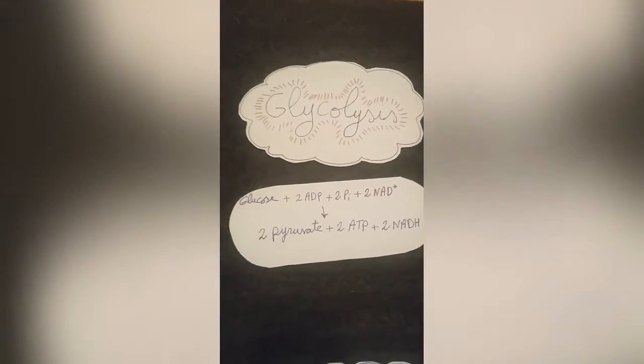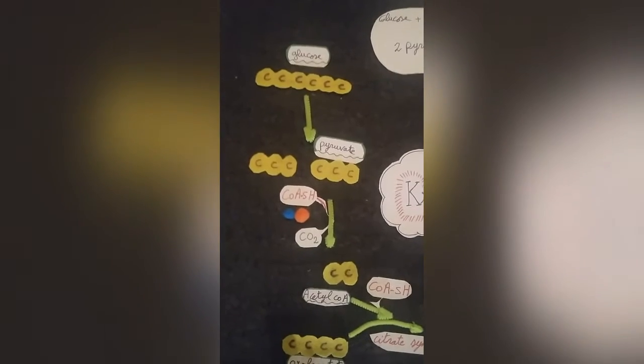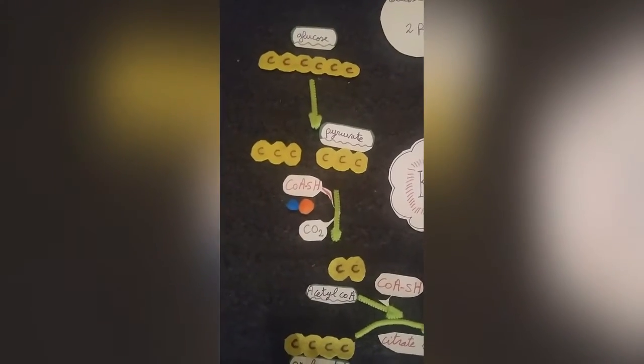Here I remind you that the first step was glycolysis, and after that we went to the Krebs cycle, where we produce NADH through this transition state.